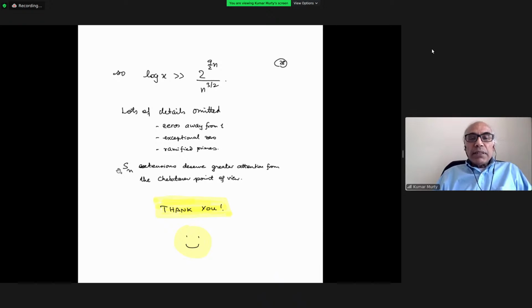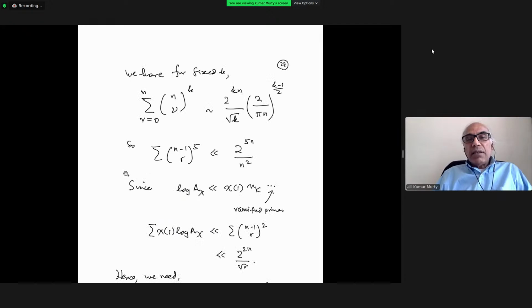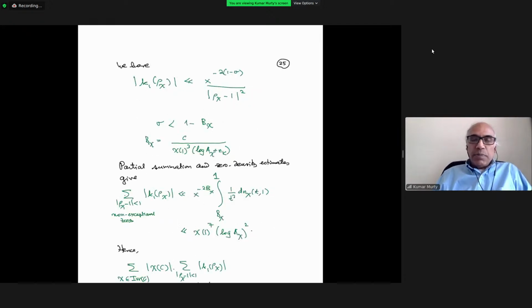I think the point is that the Sn extensions deserve greater attention from the Chebotarev point of view, because the representation theory is so explicit. You know quite a bit about it, and I wondered if we could approach these general conjectures from this point of view for Sn. Also, the issue of this exceptional zero when it occurs is that we know that for certain classes of groups, yes, there can be an exceptional zero, but if you look at them in some kind of family, they don't propagate so easily.